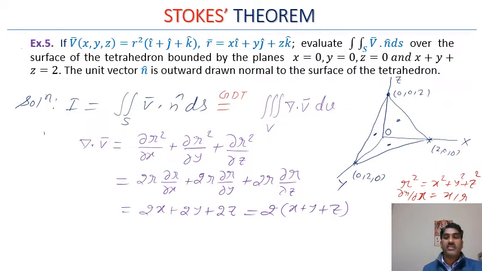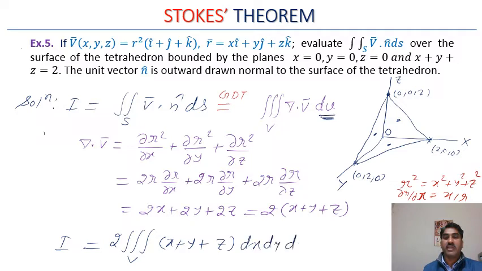Now write this into the integral. So I becomes this triple integral, and 2 can be taken outside, of x plus y plus z over the volume of the tetrahedron, and dv can be written as dx dy dz. So now we will just put the limits.